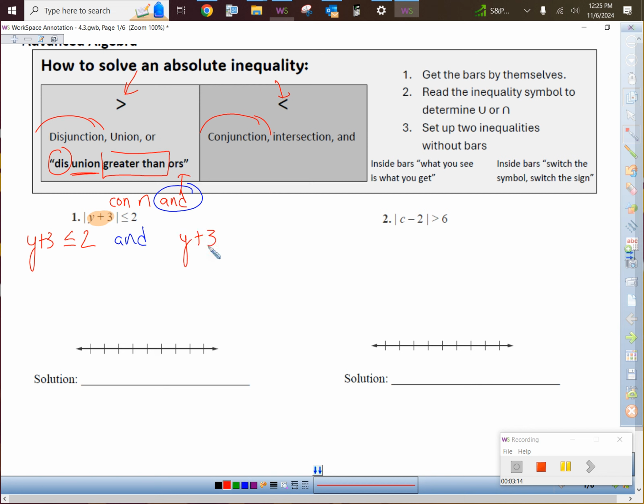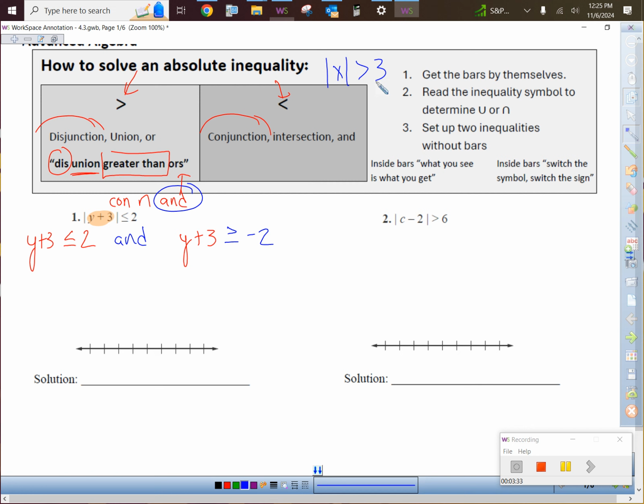So you see y plus 3 was in the bars. y plus 3 is still there, but here's what we do. We switch the symbol, switch the sign. That symbol is a less than or equal to. It's going to become a greater than or equal to. This is a 2. We are going to put a negative 2. Just like I asked you when we started, what value of x makes that true? You said any x's that are bigger than 3 or any x's that are less than negative 3.